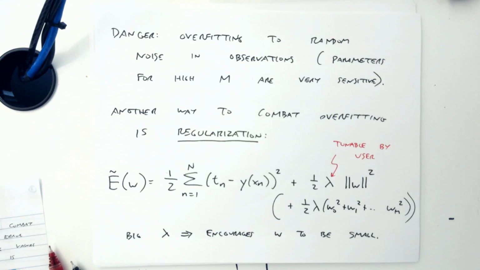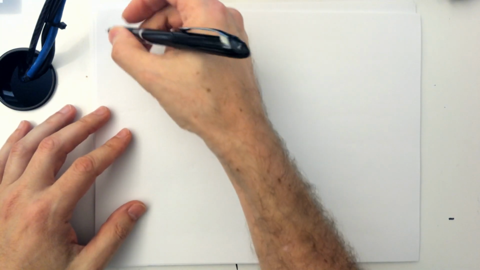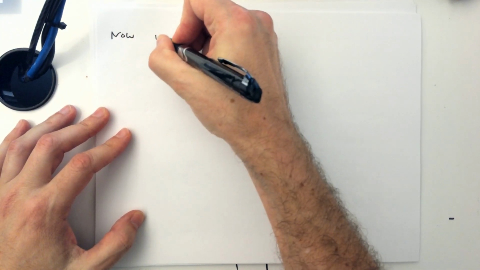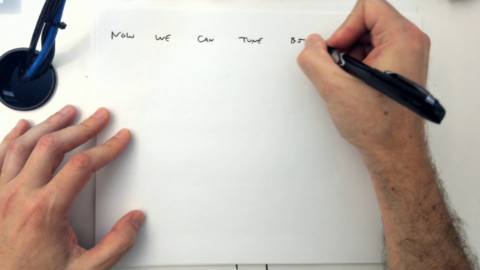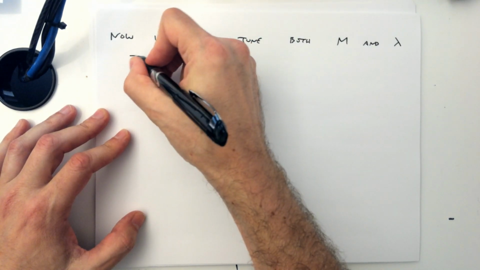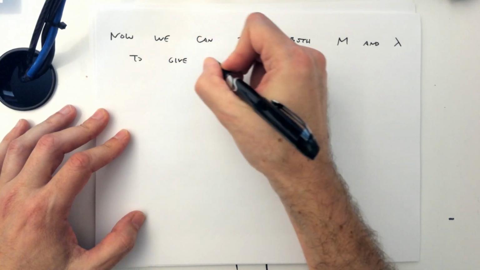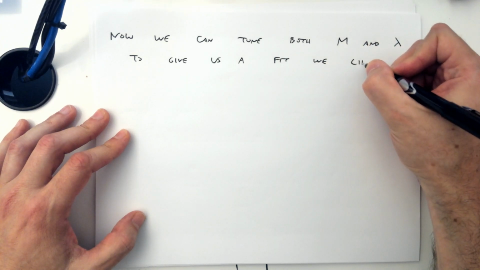So in a way, this brings up the concept of what are called hyperparameters, right? Now we can tune both m and lambda to give us a fit that we're happy with.